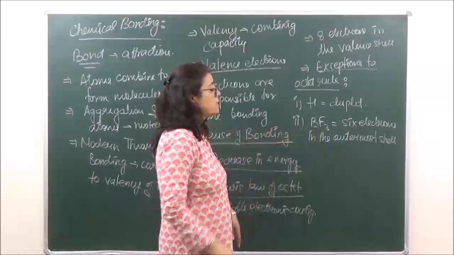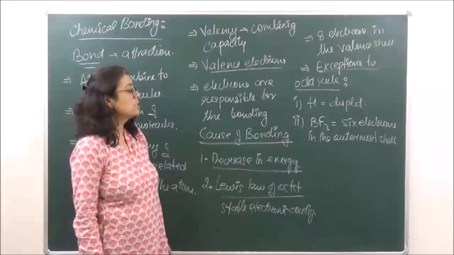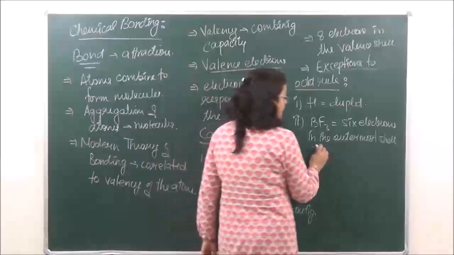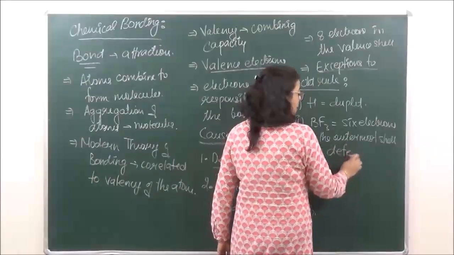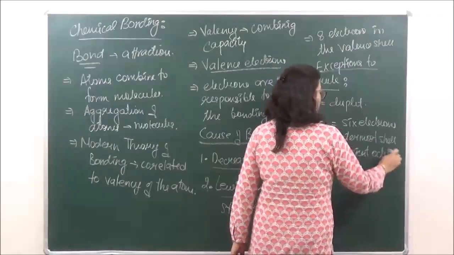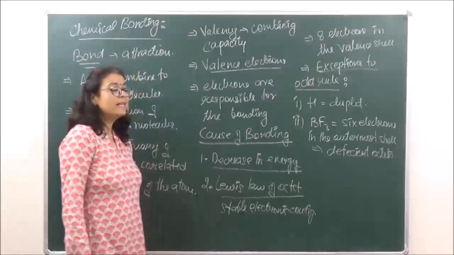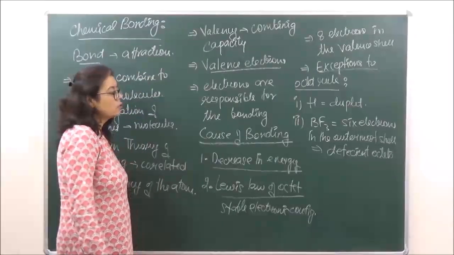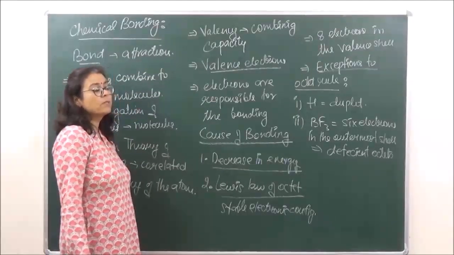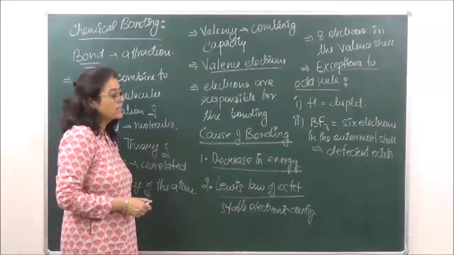So such systems which have less than 8 electrons in the outermost shell, but still form stable molecules, are said to be deficient octets, right?